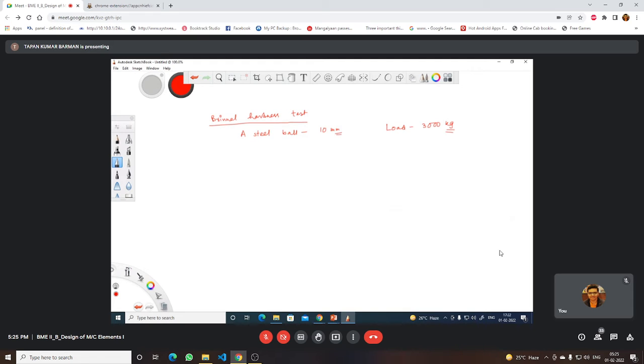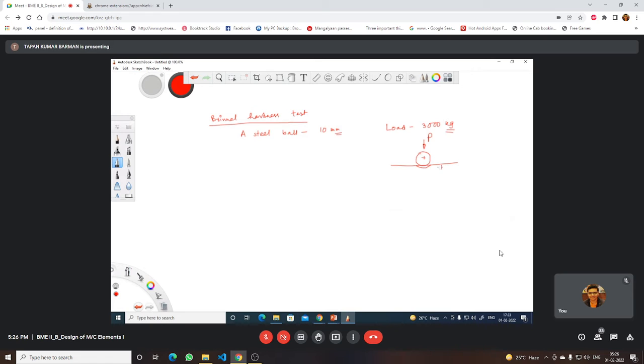When we apply this load on the surface, suppose this is our surface, and we are using our ball here to indent this surface, then definitely there should be one impression of this ball here.